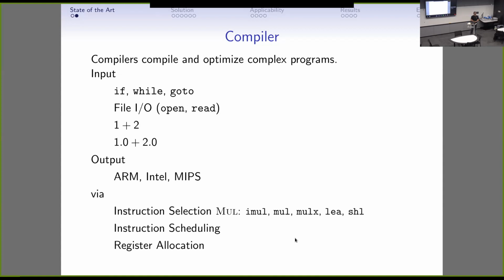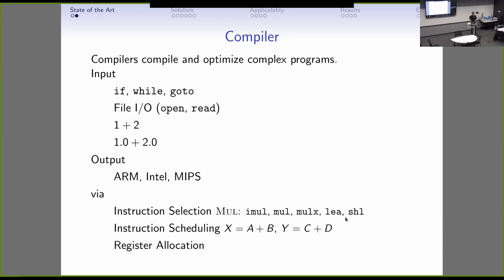Instruction selection means I have one operation, multiplication. But for example, for Intel architectures, there are multiple ways to implement this particular operation. I can use any of these instructions depending on the context and the operands that I have. So the compiler needs to decide when to use which. Then we have instruction scheduling, which deals with when to issue which operation.